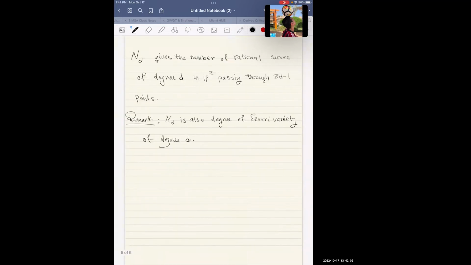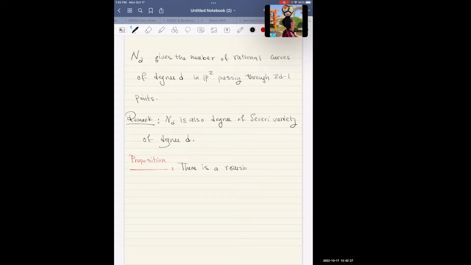Now here is the beautiful proposition in this particular example. Here's a proposition. See now, similar to the whiteboard, I can change the color, and that's beautiful. Okay, proposition. There is a recursion formula for N d.